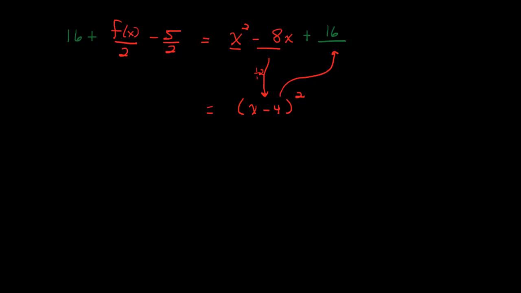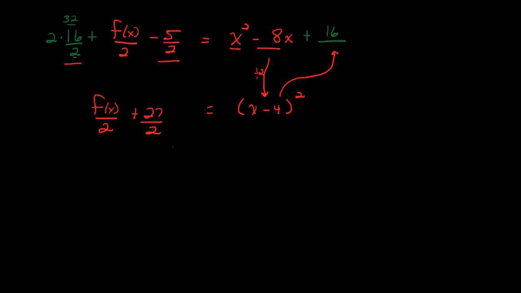On my left side, I'm going to have f of x still all over 2. But in order for me to add fractions, I have to have a common denominator. So I multiply my denominator by 2 and my numerator by 2, and this really gives me 32 halves. 32 halves minus 5 halves gives you positive 27 halves.